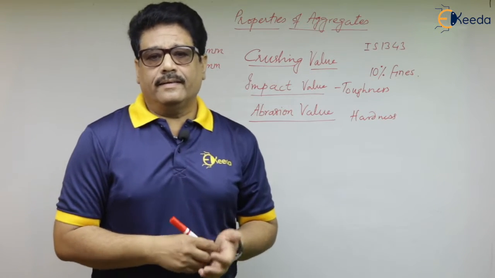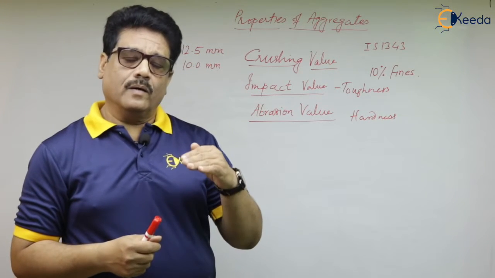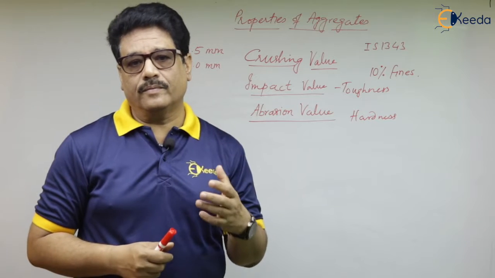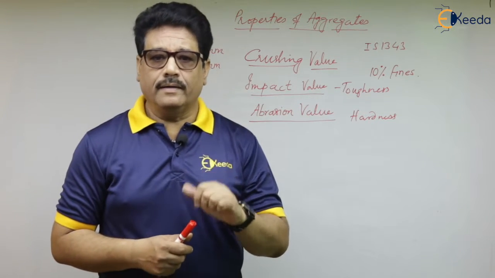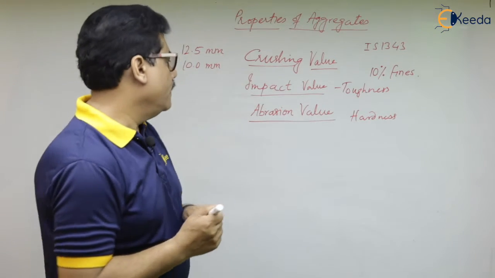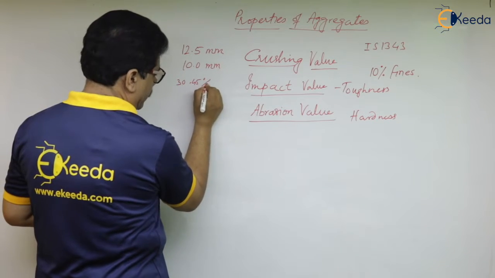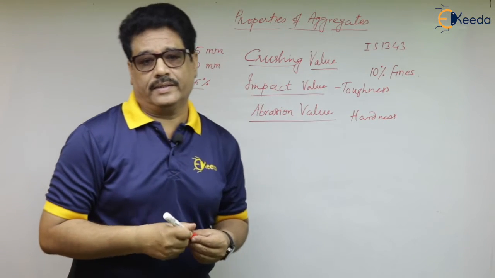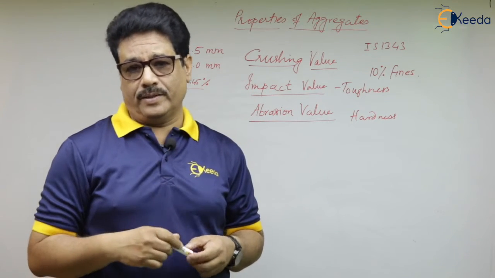A machine is there and the test is carried out on it, and the compression strength, that is the crushing value of the aggregates, is found out. The best aggregates are supposed to have a crushing value between 30 and 45%, not more than 45%.